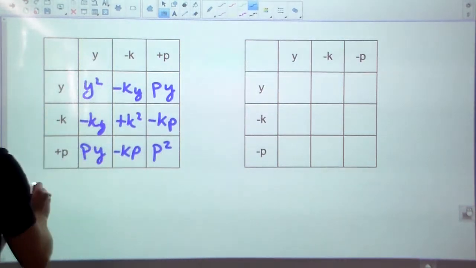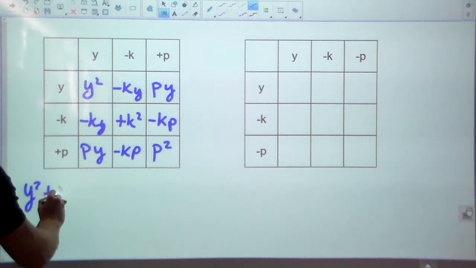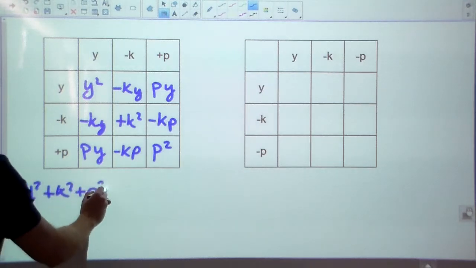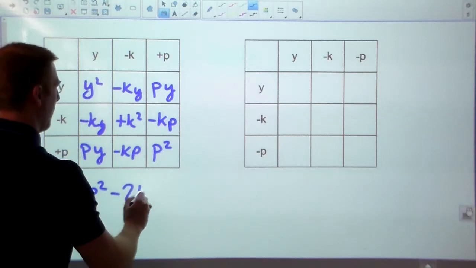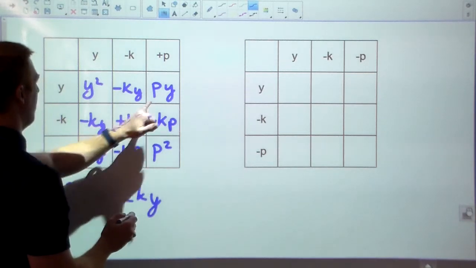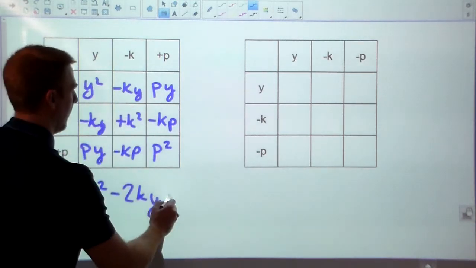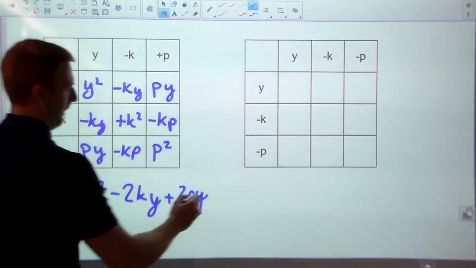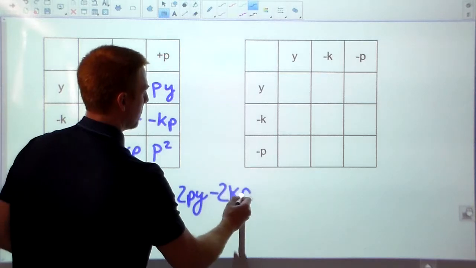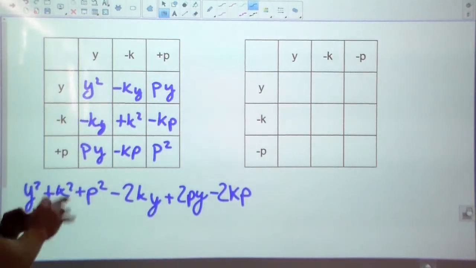So the way you put everything together would be y squared plus k squared plus p squared. I'm just kind of going down that diagonal with the nice squared ones. You have minus 2ky. You have plus 2py. And then finally you have minus 2kp. All right, so try the other one on your own, and I'll come back and show you what it should be.